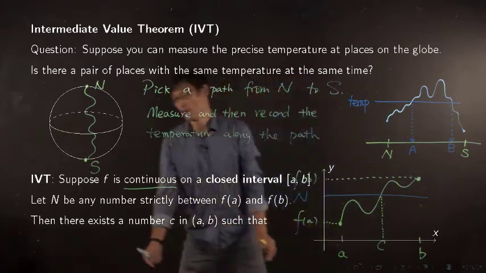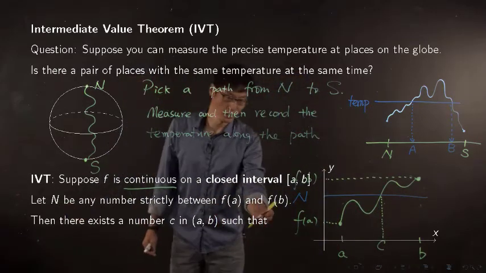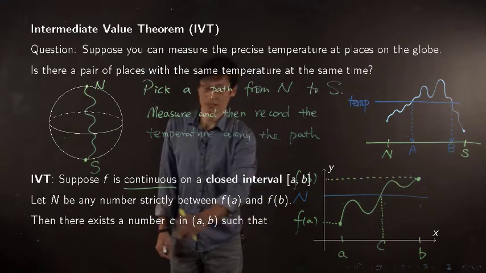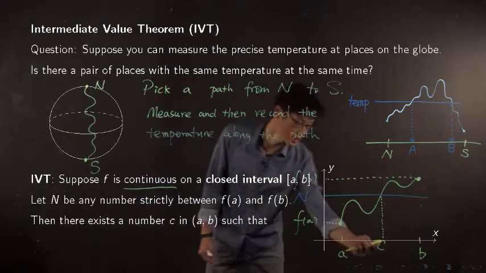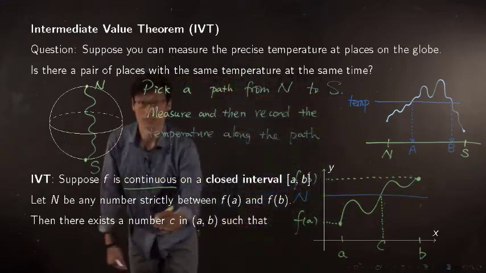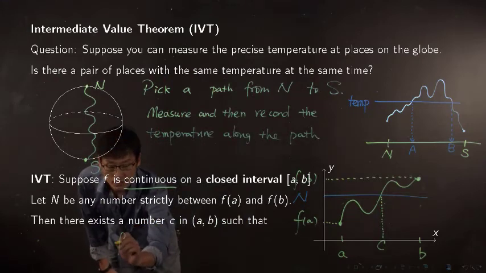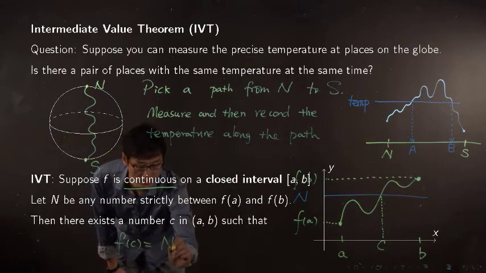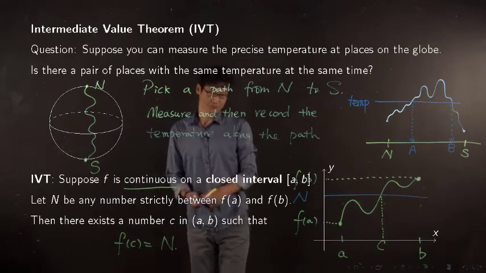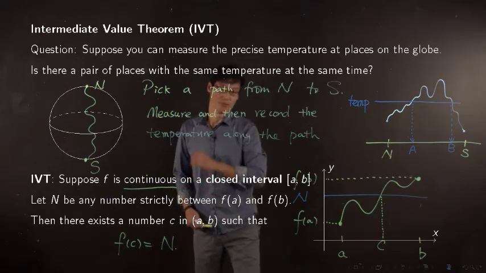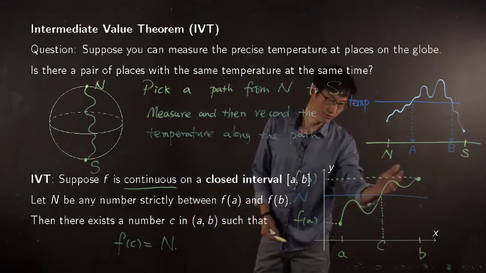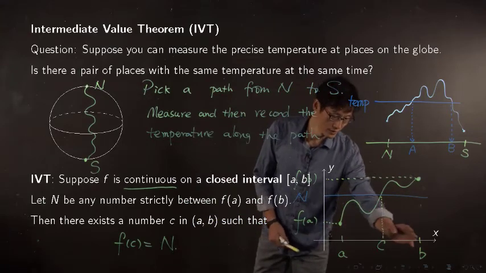That's it. So for any number n between f of a and f of b, there exists at least one number c so that f of c is exactly n. And this comes from the continuity of f defined on closed interval from A to B.